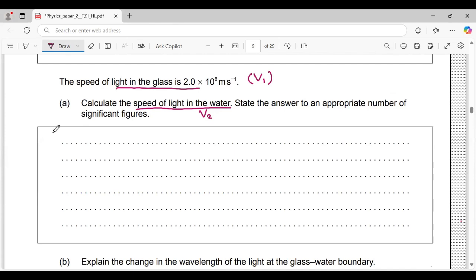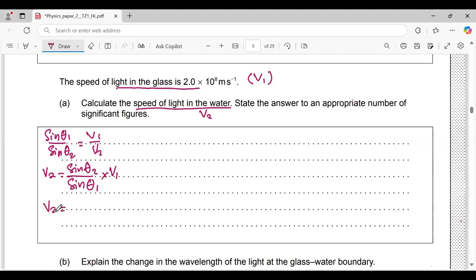According to Snell's law, we can determine V2. Let me write the main formula: sine theta 1 over sine theta 2 equals V1 over V2. If V2 is the subject, we can arrange this formula to become V2 equals sine theta 2 over sine theta 1 times V1.